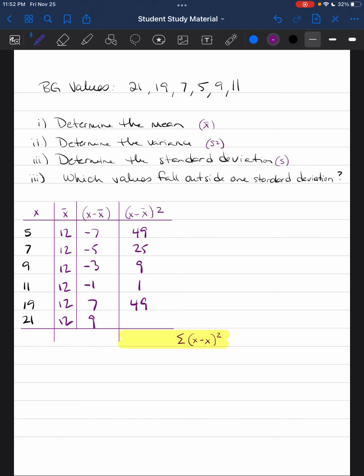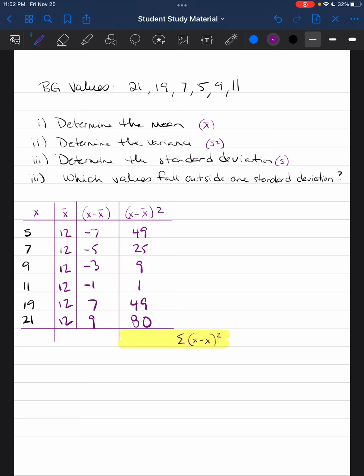You can see we had both a negative 7 and a positive 7, and it ended up with the same positive 49. And then 9 squared gives us 81.